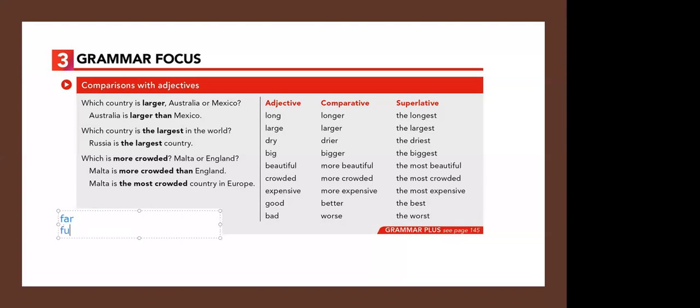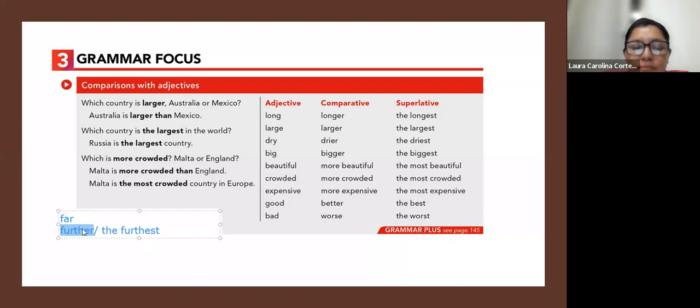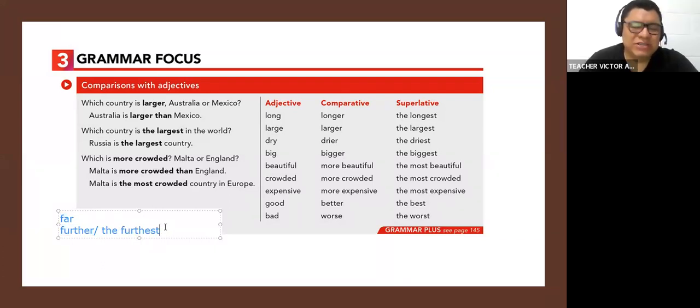In that case, we say further for comparatives, and the superlative is the furthest. If you check here, we change the adjective, right? So these are some of the examples that change when we use them.